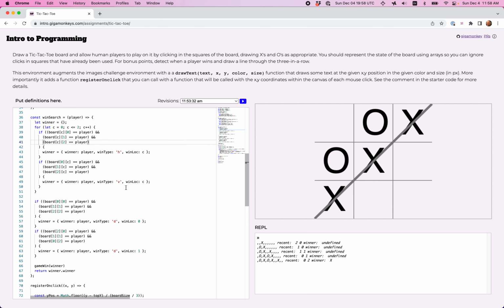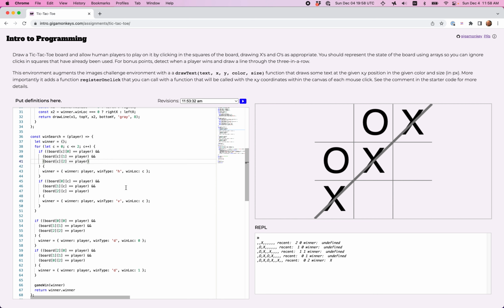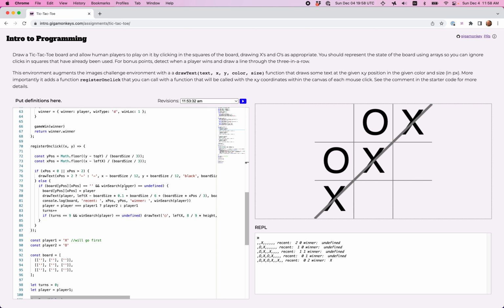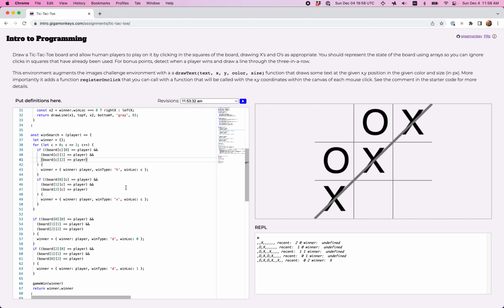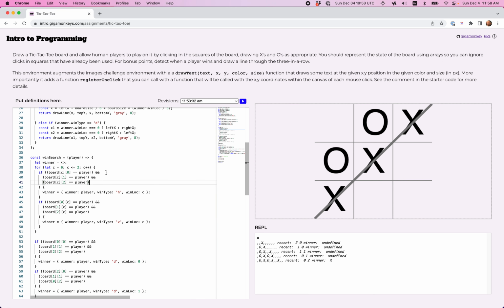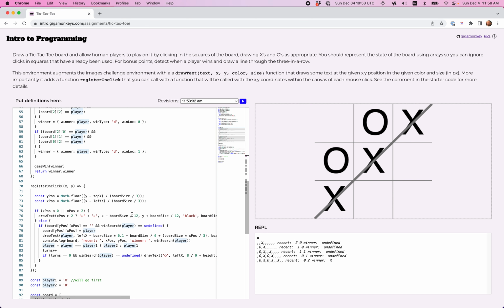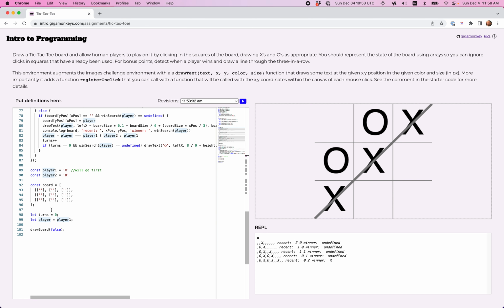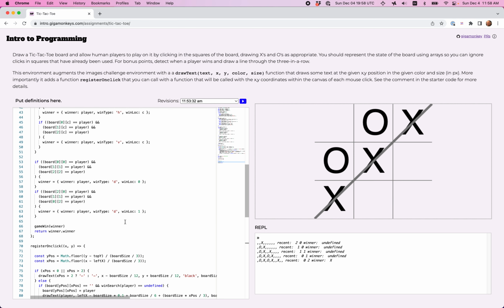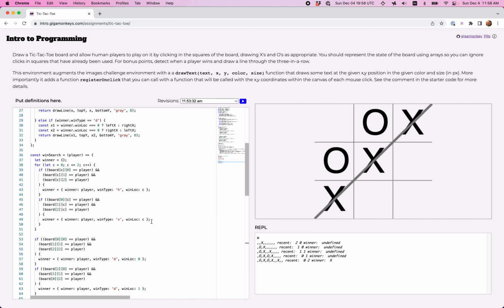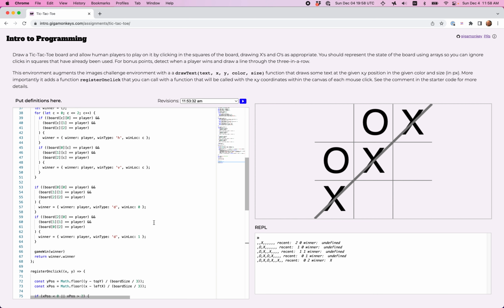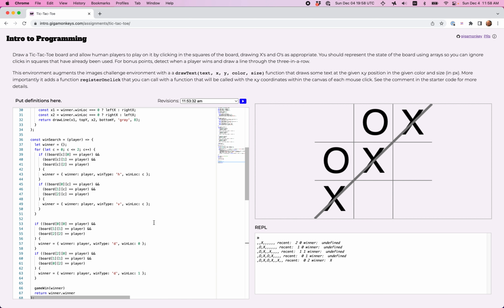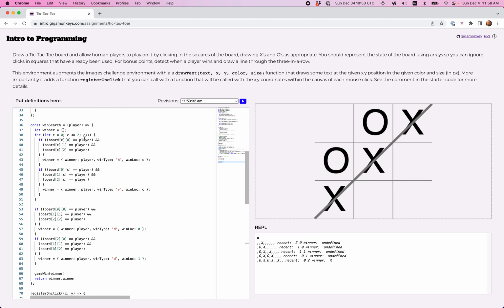The other thing I can do, yeah, so this one is interesting. I like it that it takes the player as an argument, which you might think it might not, because player is actually a global variable. In general, I like to pass things into functions as arguments, even if they are accessible as global variables, just because it makes the functions easier to test on their own and whatnot.